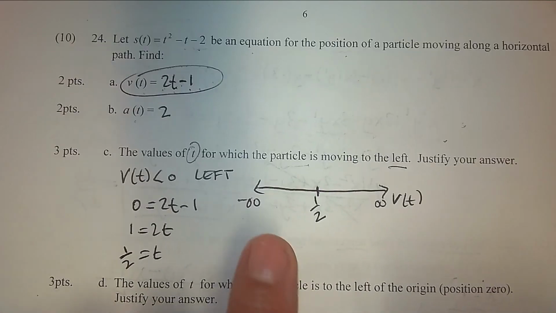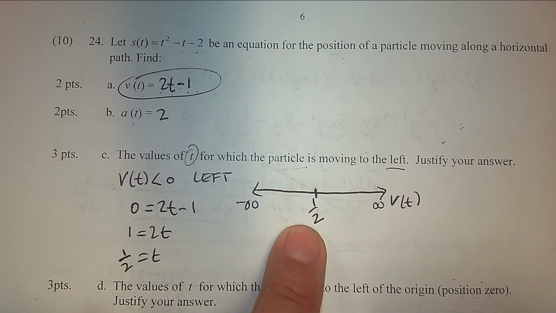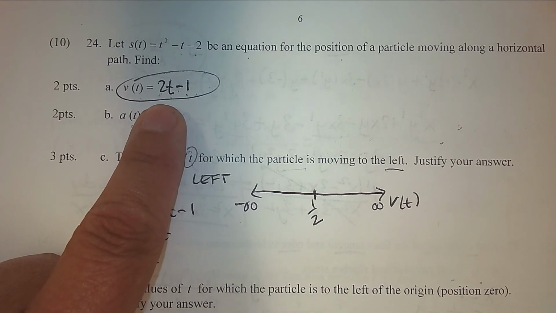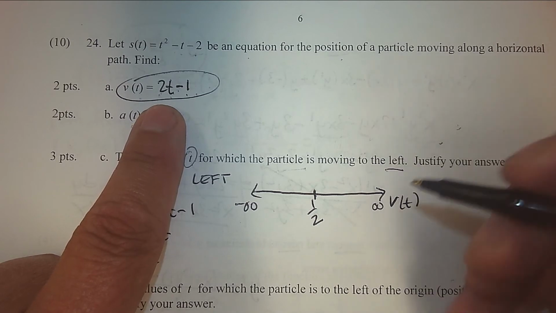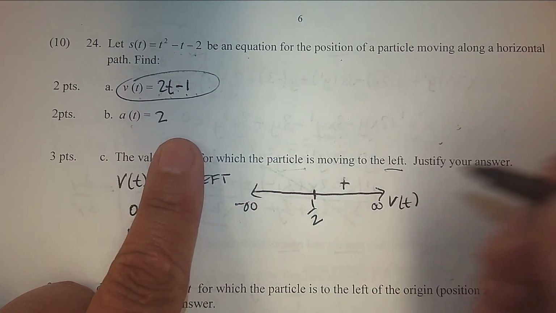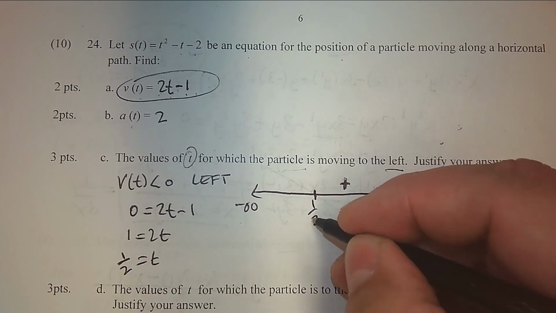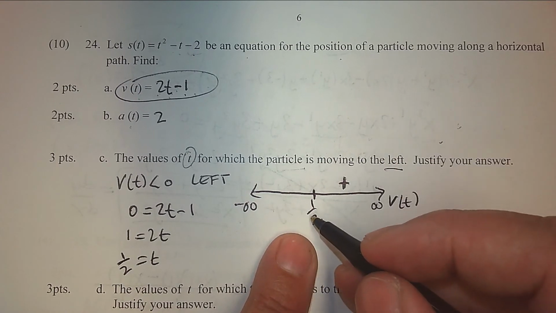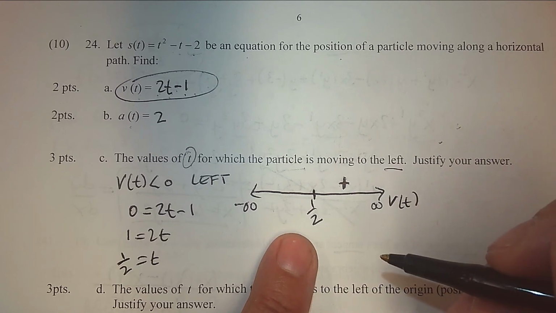So what's an easy number bigger than 1/2? How about 1? If I plug 1 into the velocity, is the answer positive or negative? I don't even care about the value, just is the answer positive or negative? So when I plug in 1, the answer is positive. So I know after t equals 1/2, it's moving to the right. How about pick an easy number less than 1/2? Well, that could be like 0.